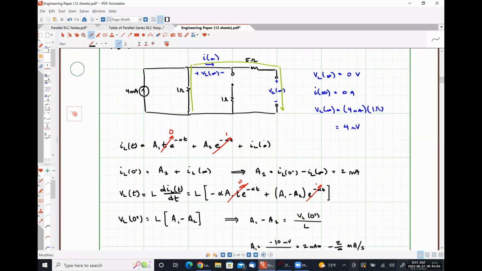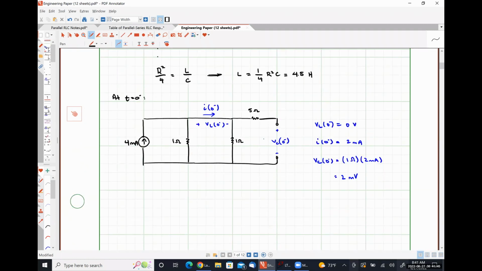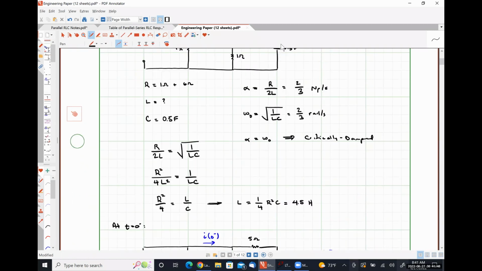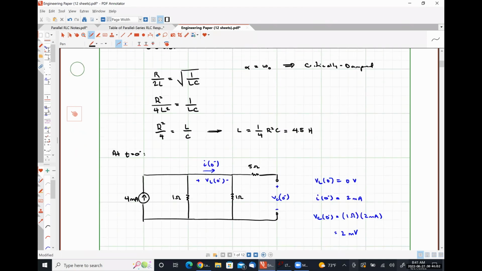All right. So let's just go back and check through everything here. So I believe this bit to be correct. At t is equal to 0 minus, VL has to be 0. I must be 2 milliamps because the current is dividing evenly between the two 1 ohm resistors.